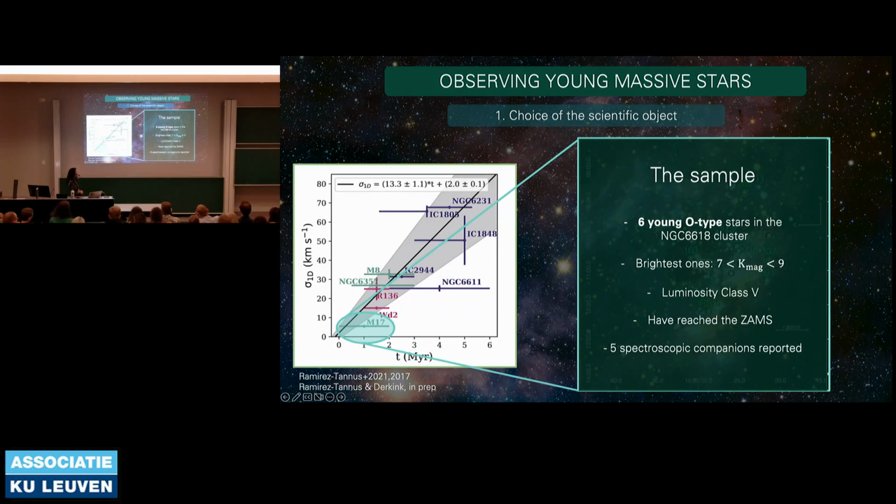They are rather bright in the K band, and they are of luminosity class V, so we know that they have already reached the zero-age main sequence. They are not really at the formation stage, but have just left the formation process and reached the ZAMS. In the literature, we can already find 5 spectroscopic companions for these stars.